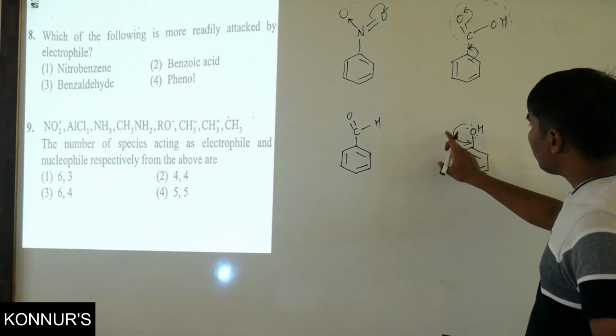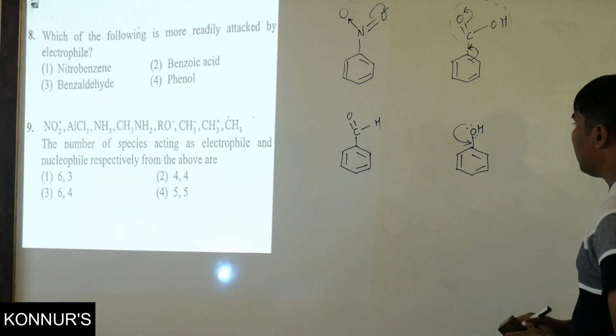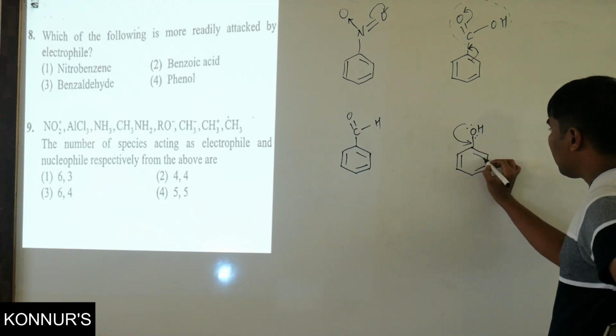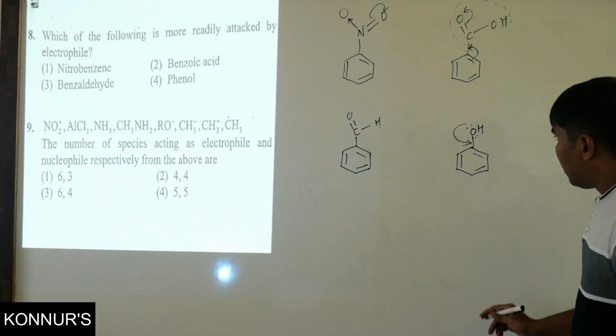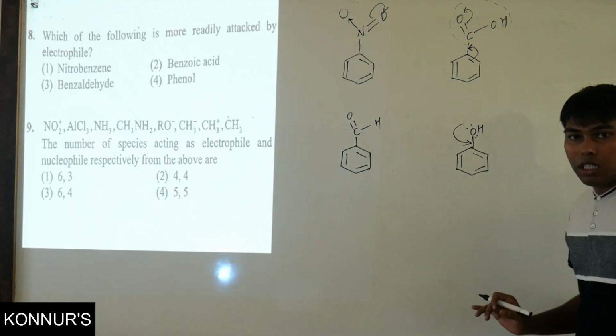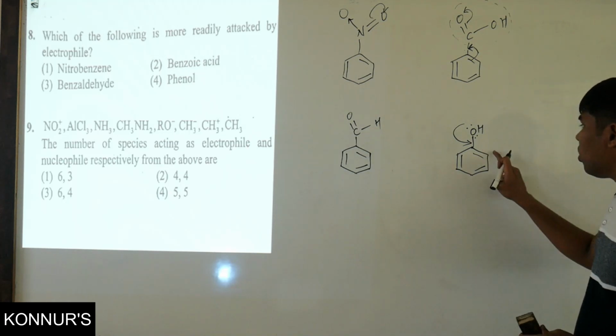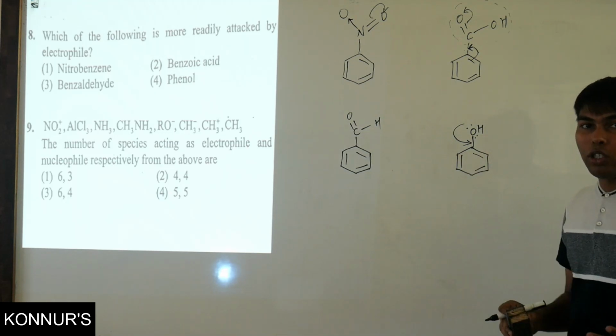If it tries to donate a lone pair, the electron donating orientation effect will cause electron rich density over 2 ortho and 1 para position.